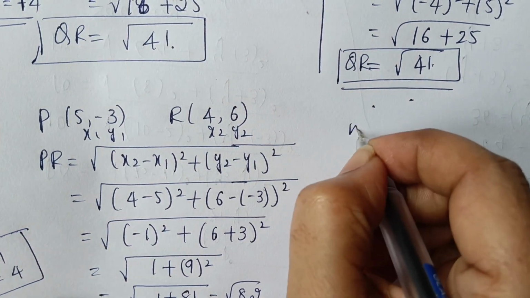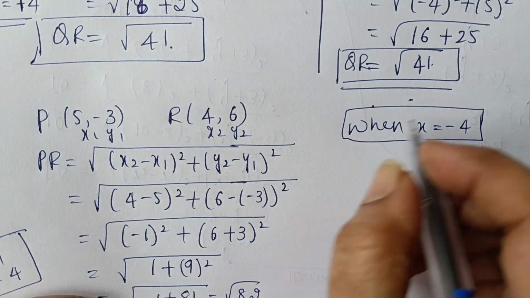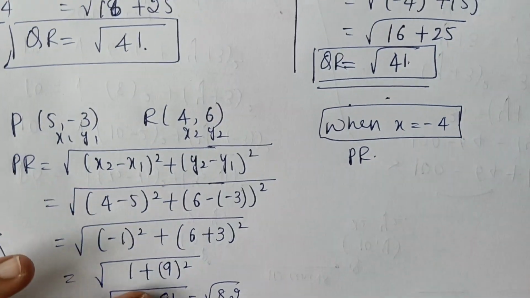Now when x is equal to minus 4, what is the PR value?